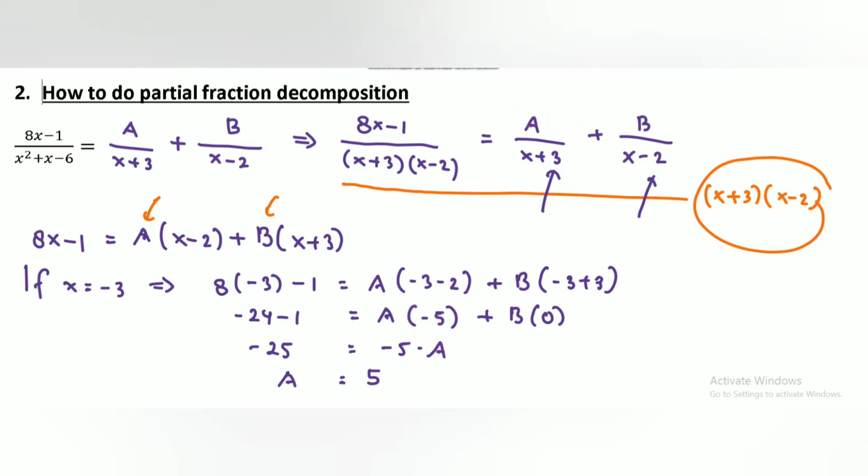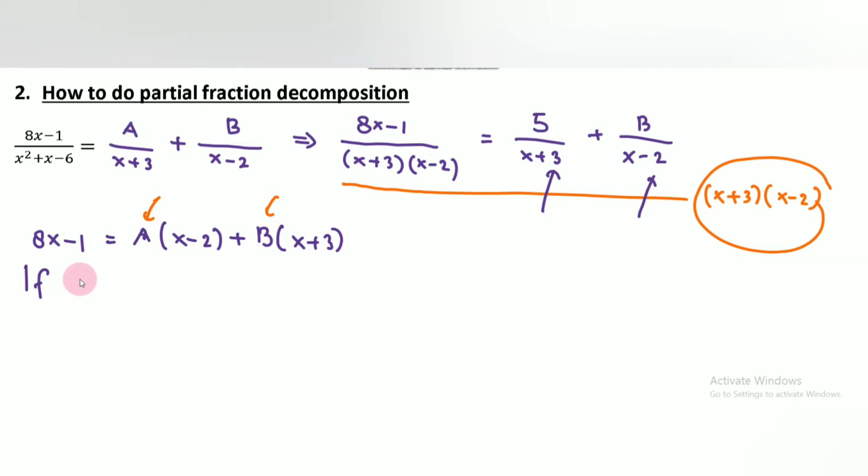So a, let me just erase that. Therefore, a is 5. Okay, so now let me use the other zero to find the b. If x equals, now the second zero from the second factor is 2, right?